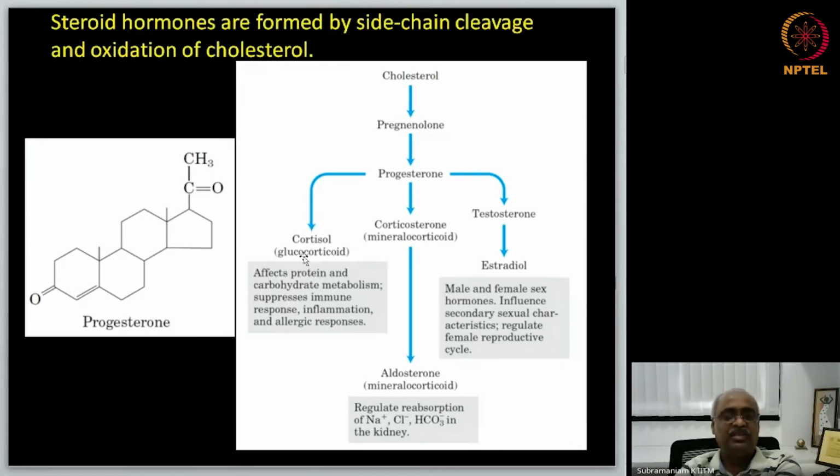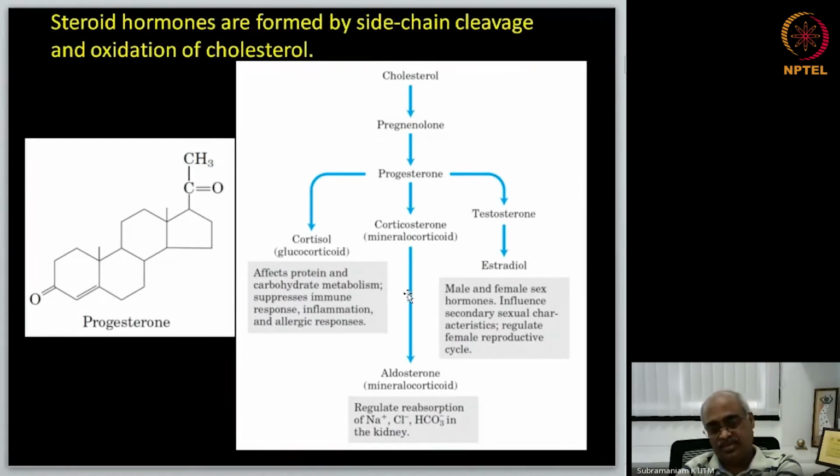The name itself tells you what it is. Gluco means it senses and regulates glucose metabolism. Cortico meaning it is produced by the adrenal cortex. Oid refers to steroid. So it's a steroid produced by the adrenal cortex, functioning in regulating carbohydrate metabolism. That's what you get from the name.